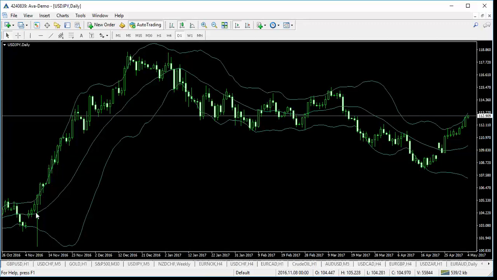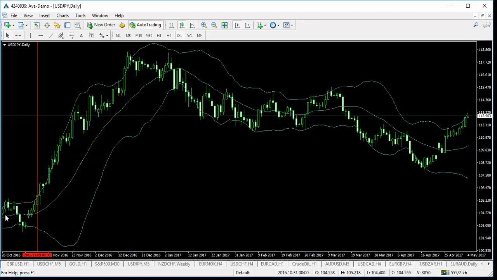Same as this candle. At some point, it went outside the bottom band, but when the candle actually closed, it closed outside the top band. So I'm just going to mark out this particular area here. On that candle, we can see it's closed outside the top band.